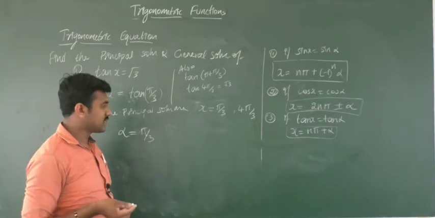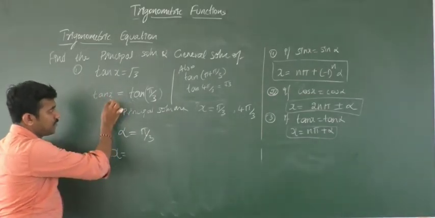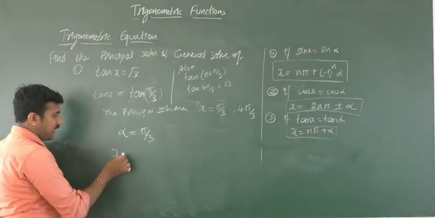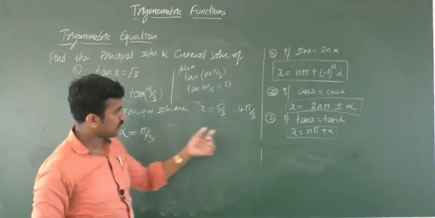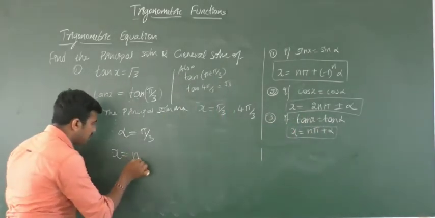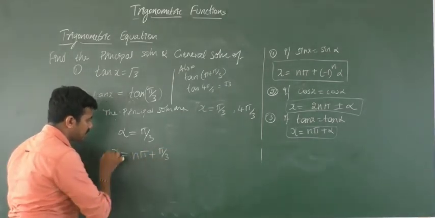Any one I'll consider. If you have 2x here, then you have to write 2x. If you have x, write x. x is equal to n pi plus alpha. Alpha is nothing but pi by 3.